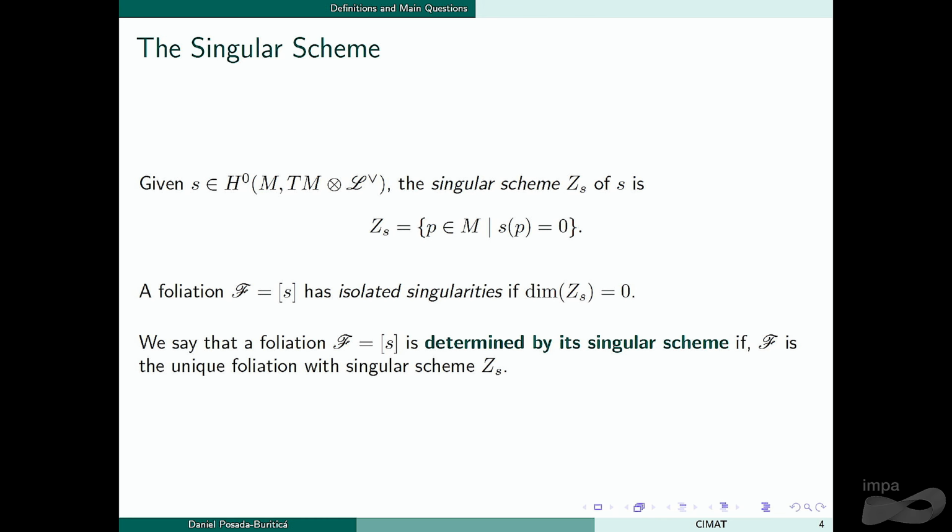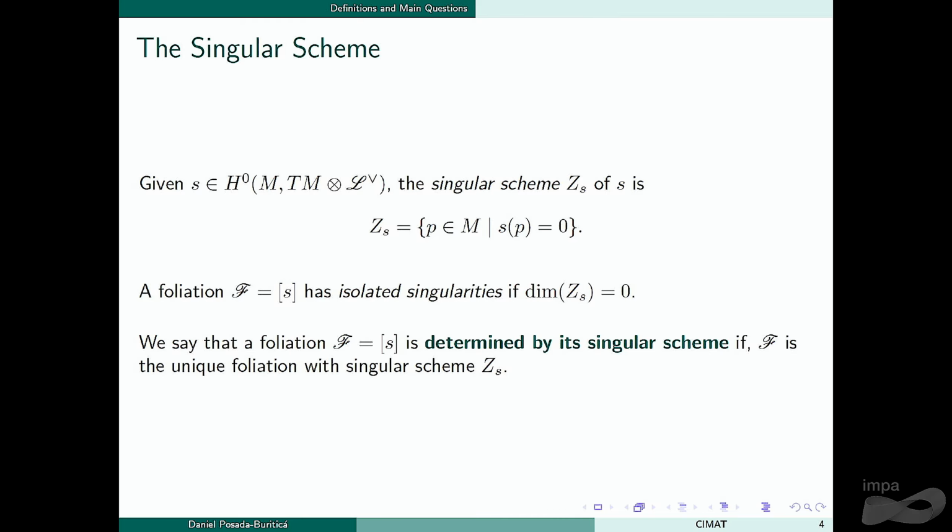Another important concept is, given a section, the singular scheme of the section, which is the scheme of points on the complex manifold where the section vanishes. Since a foliation is an equivalence class of those sections, the singular scheme of a foliation is the singular scheme of any section in the equivalence class that defines it.